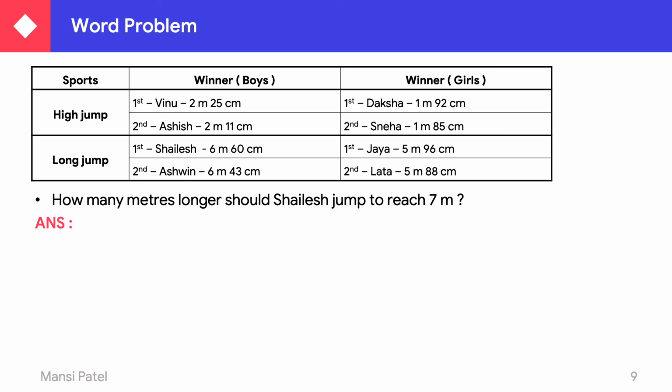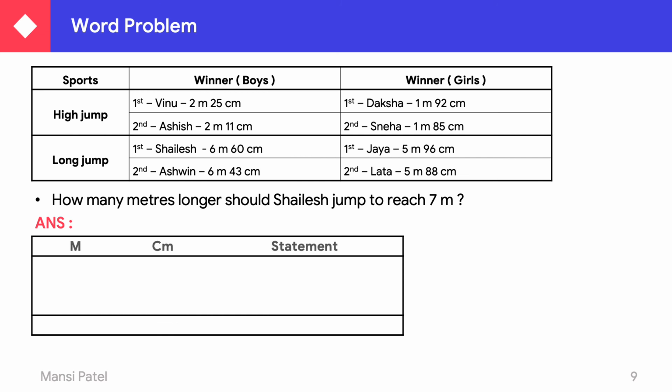Here also we have to do the comparison, so we have to do the subtraction. One side meter, centimeter, and another side the statement: 7 meter to reach the level. He wants to reach 7 meter. From this 7 meter, subtract 6 meter and 60 centimeter, the length of his long jump. 0 minus 0, 0. 0 minus 6, is it not possible? So we have to borrow from 7.